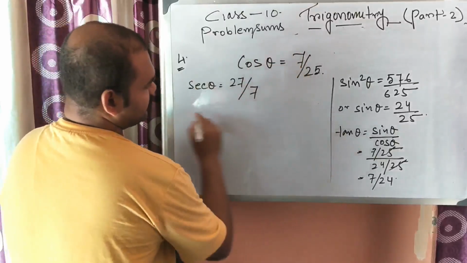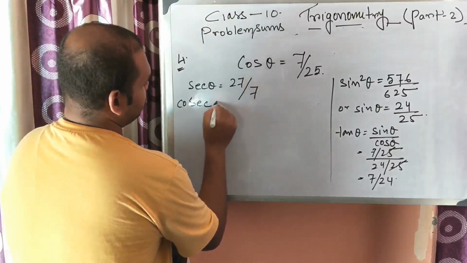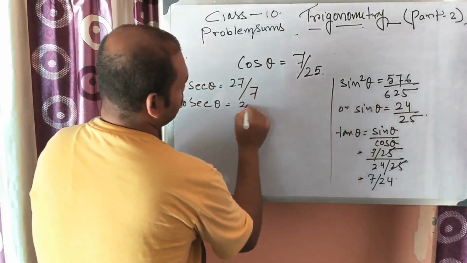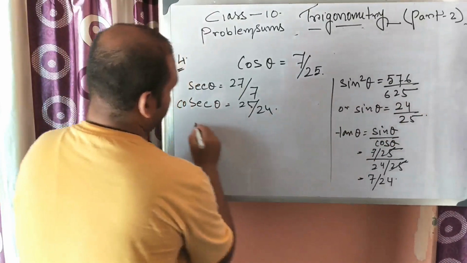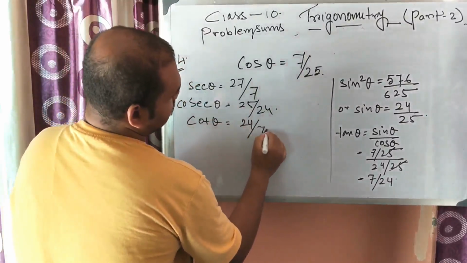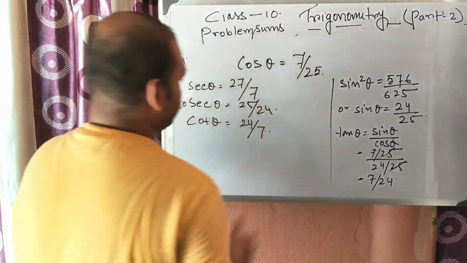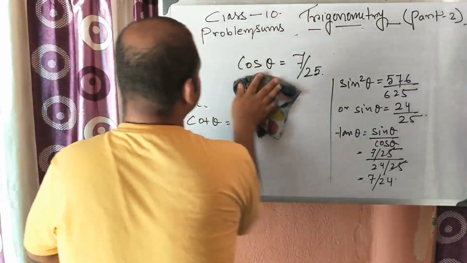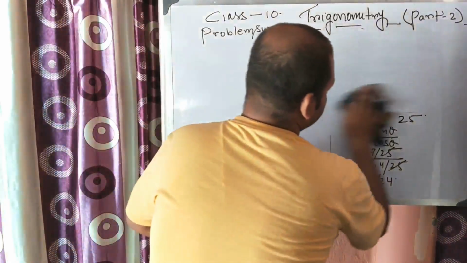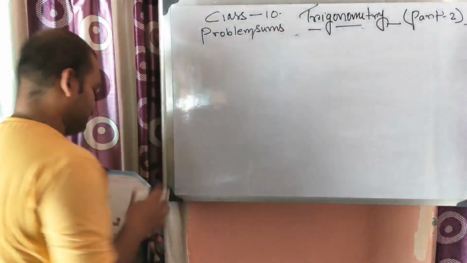Next cosec, 1 by sin theta, so 25 by 24, and cot will be 7 by 24. Okay, next, this is a particular process you can do, or you can do like this.